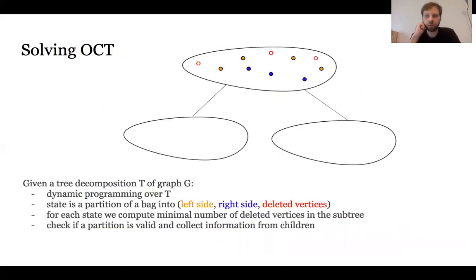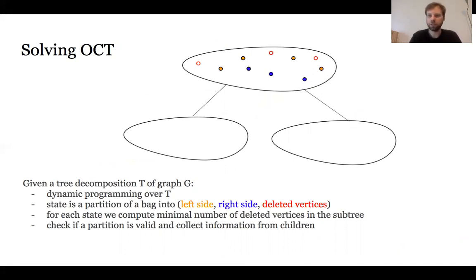Now let me give some intuition why this kind of decompositions still makes it easy to solve the problem. So recall the classic dynamic programming algorithm to solve odd cycle transversal when given a tree decomposition.